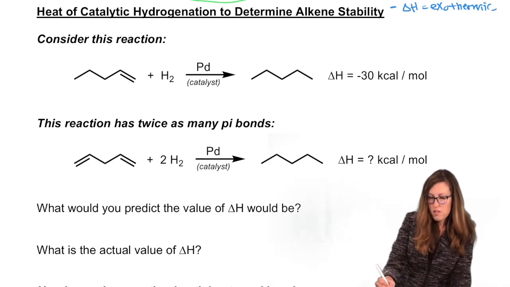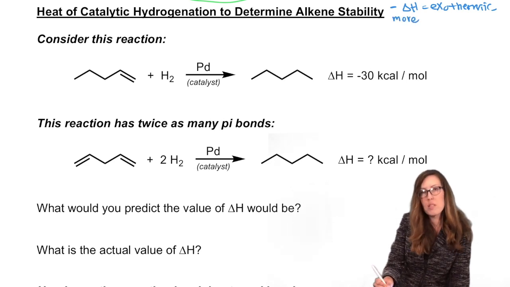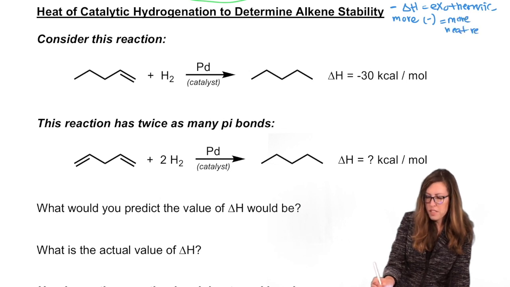And obviously if it's not negative, it's not exothermic. But remember, it can get confusing when you have big numbers versus small numbers, negative sign versus small sign. But the idea is to think more negative means there's more heat given off. So more heat released for that reaction.